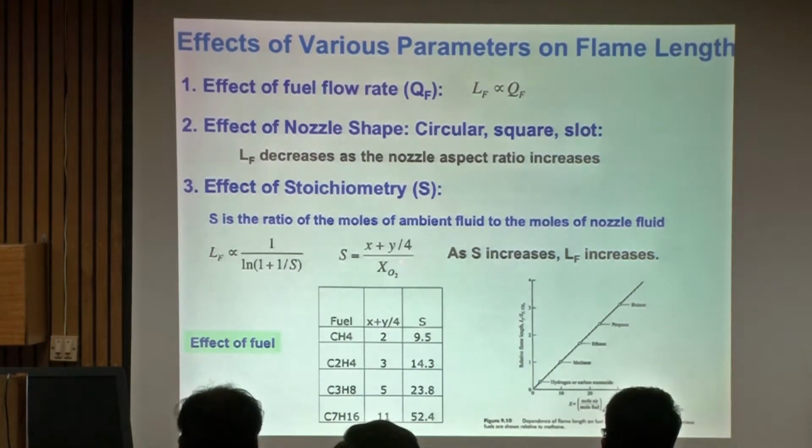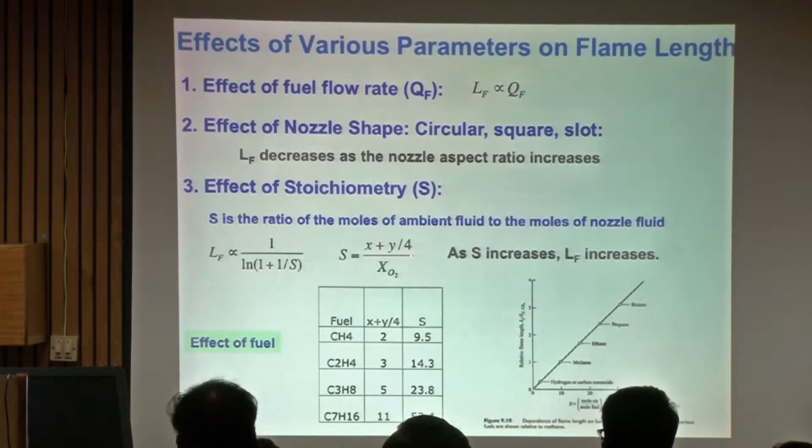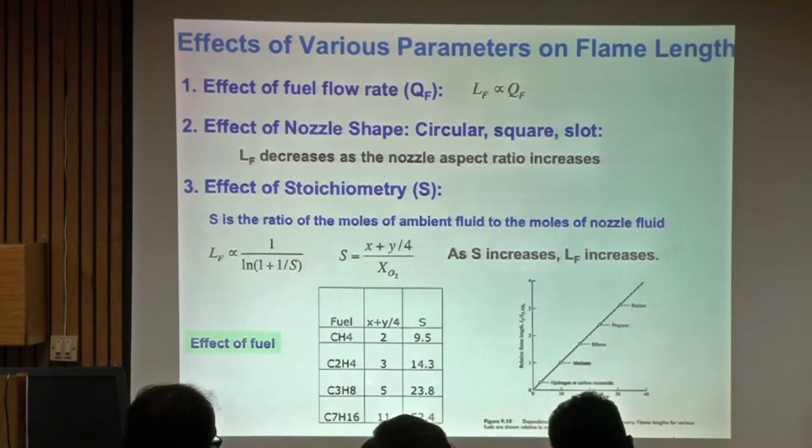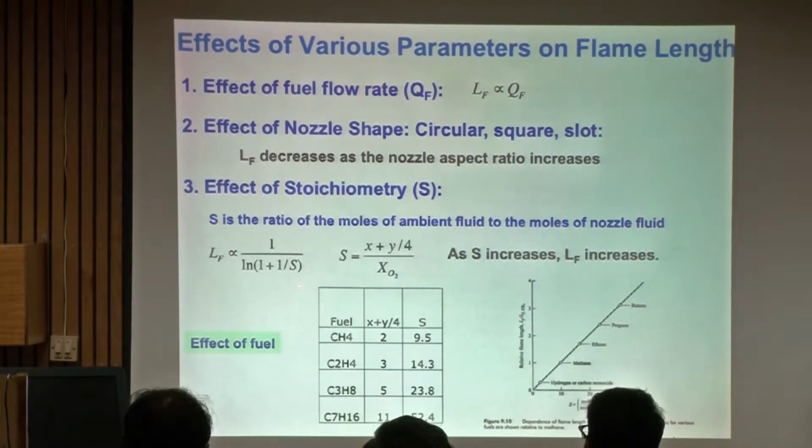So S otherwise is 4.76 times this value, because for methane it is 2, then you multiply by 4.76, or you can just take 1 over the mole fraction of oxygen. So 1 over the mole fraction represents the number of moles of air per mole of oxygen. Anyway, this is the effect of the fuel.